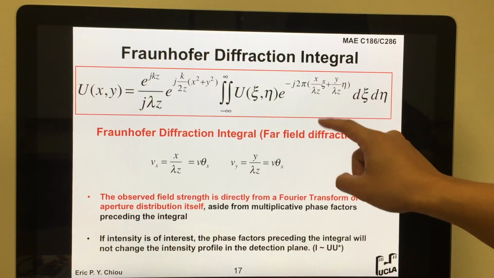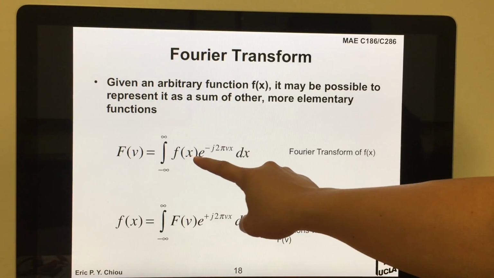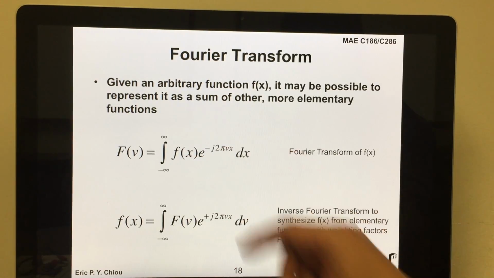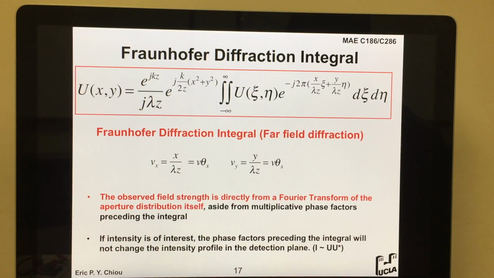So you compare it with this Fourier transform, where v is the frequency component. This is what we discussed last time.